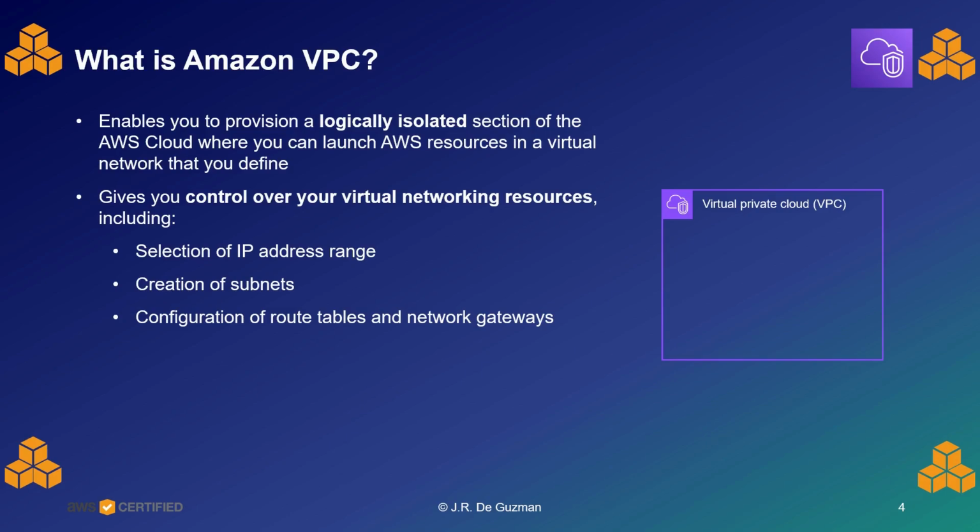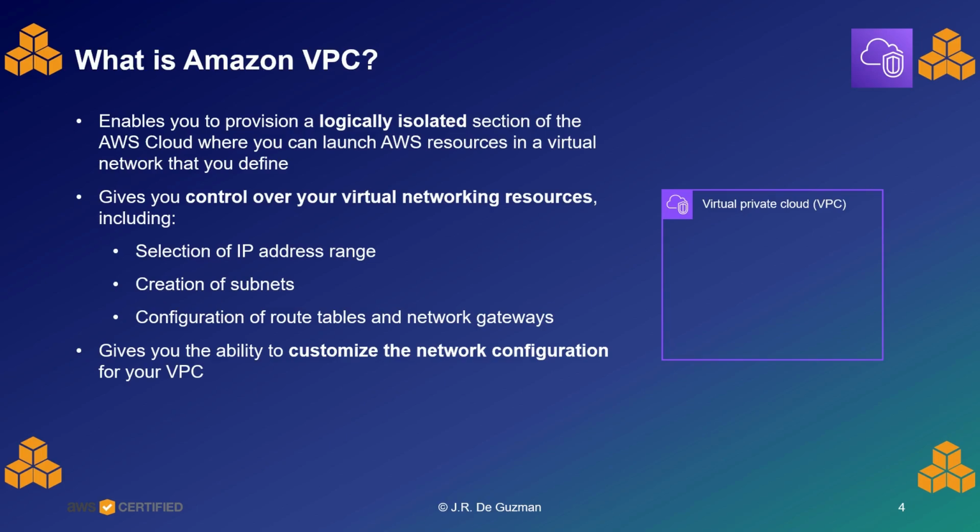You can use both IPv4 and IPv6 in your VPC for secure access to your resources and applications. You can also customize the network configurations for your VPC. For example, you can create a public subnet for your web servers that can access the public internet.